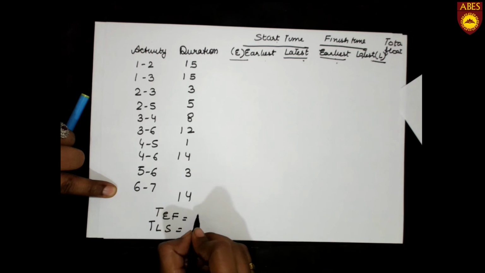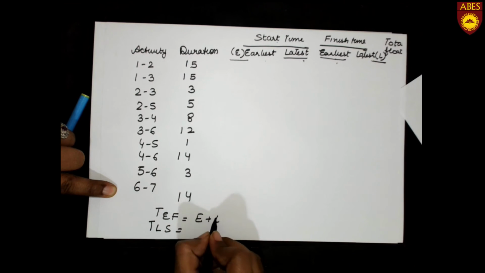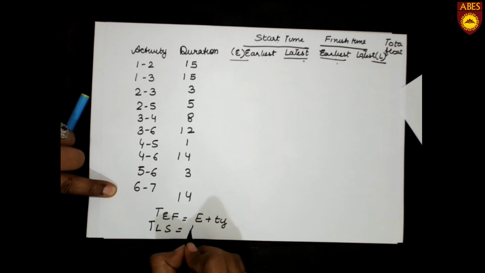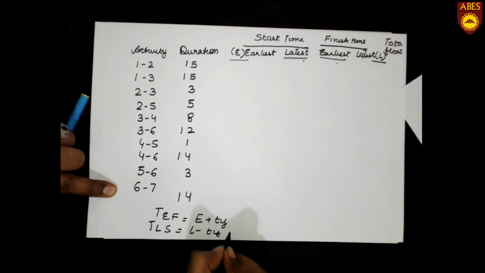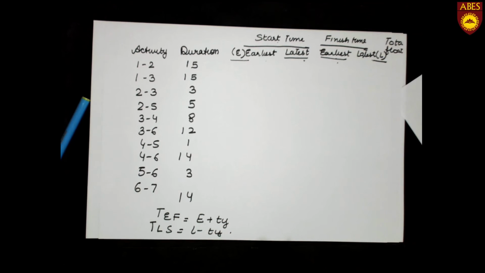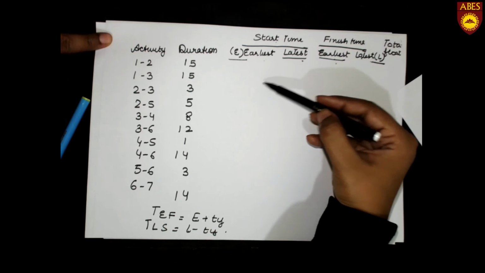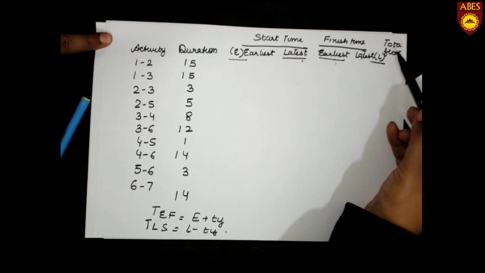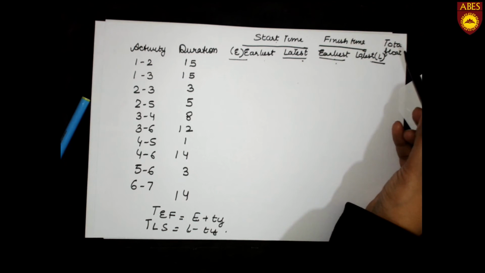Both have formulas: E plus TIJ and L minus TIJ. What is TEF? TEF is the earliest time plus TIJ, our duration, and TLS is L minus TIJ. Now we have to find out these 4 times, and then we can find out the total float. What is total float?